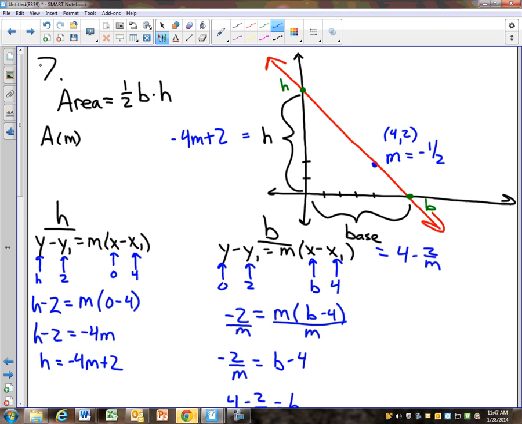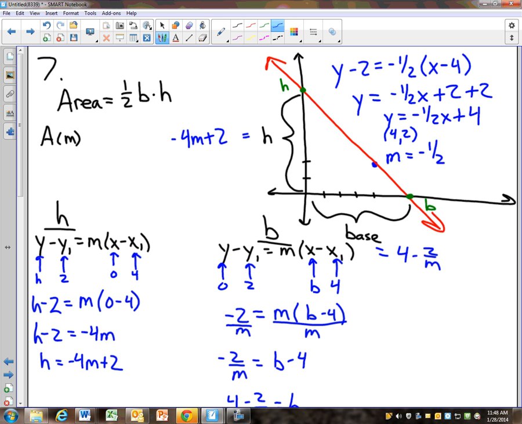Can you now write the equation for that line? Yes. y equals negative 1/2 x plus 4.